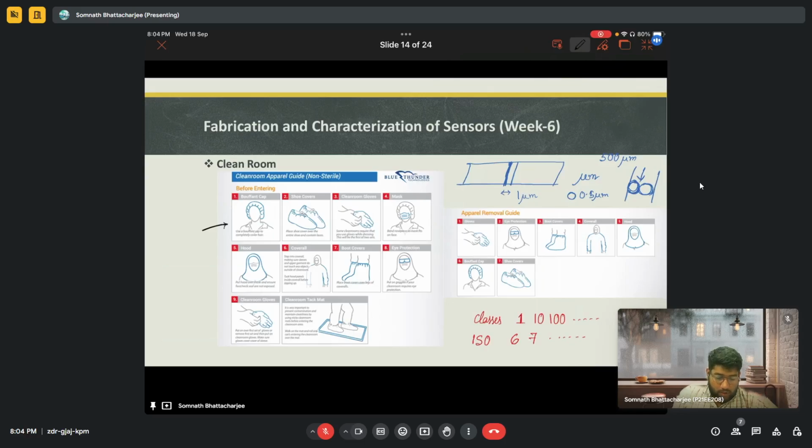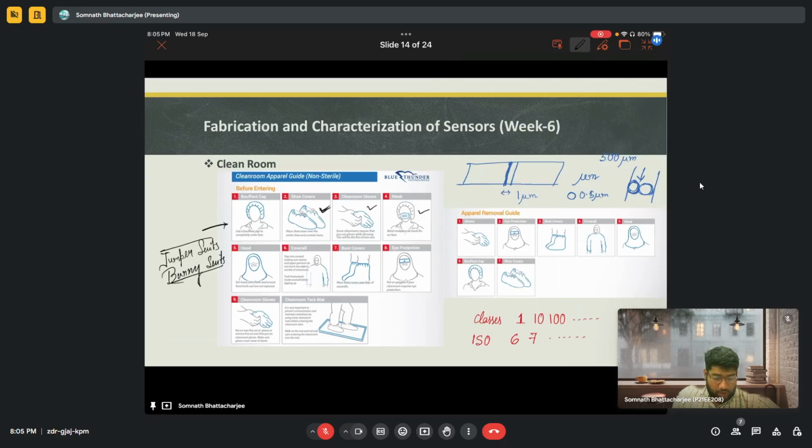We need shoe covers, or several times we need to wear a different kind of shoe there. We need to use gloves. We need to use a mask. There are even jumper suits or bunny suits to protect the sensor from our body itself.